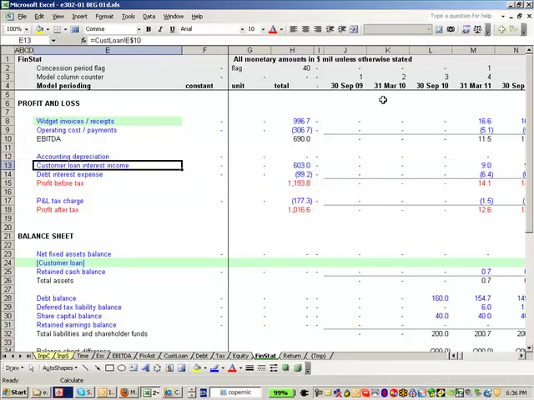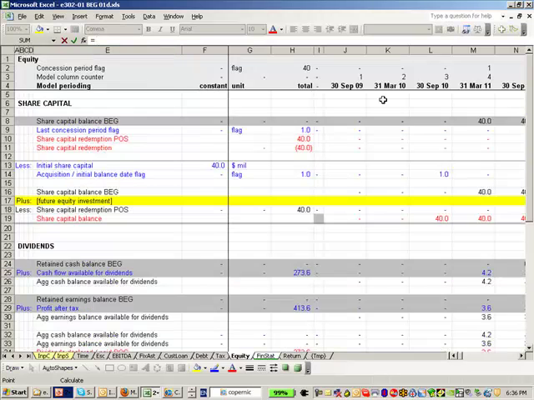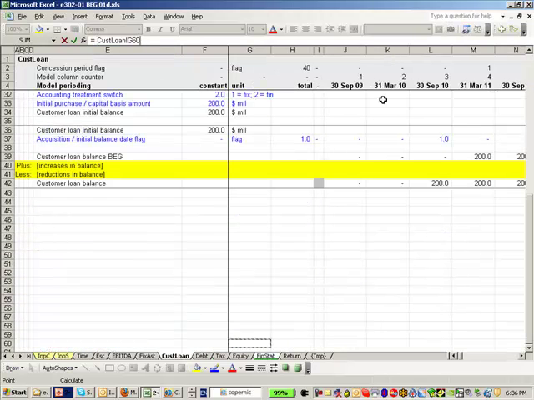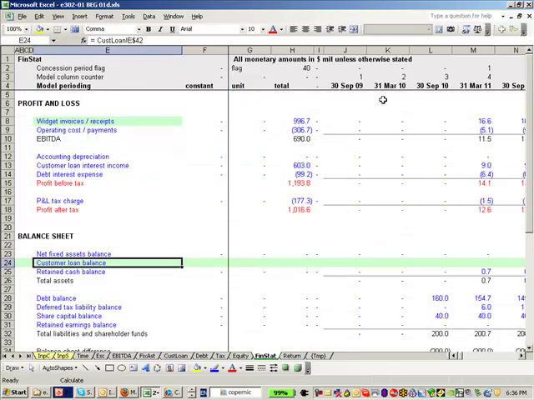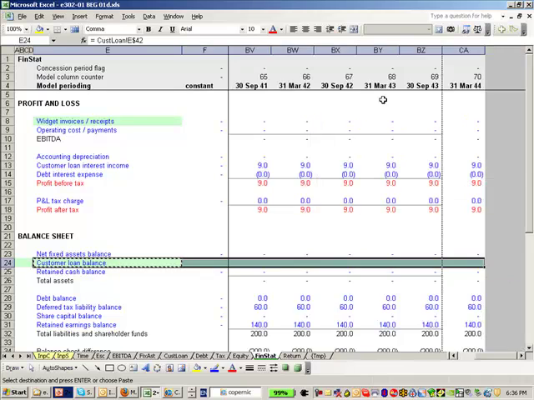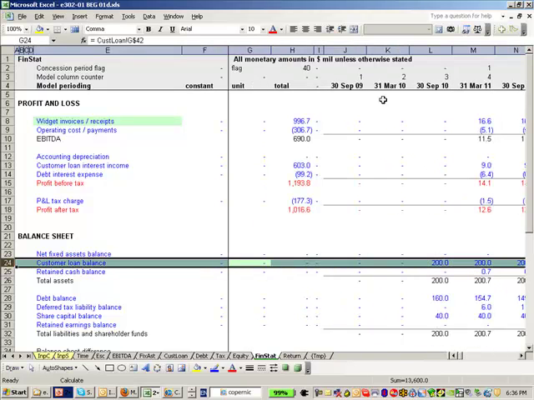I've gotten rid of the green there. And you guys might reasonably say, well, John, we should go ahead and get that closing balance of the customer loan and create a link to it. Okay, so that we have that.